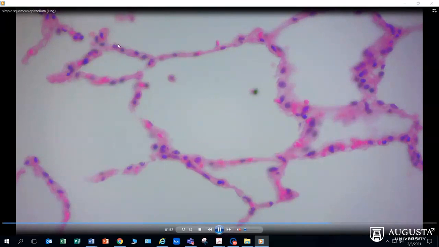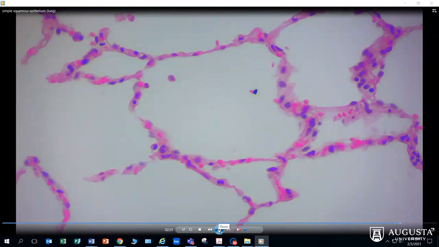And you'll see as it's focusing, you can see the nuclei along here, and this cell is beautiful right here, and we can see single cells forming the edge, the boundary of this alveoli. So this is simple squamous epithelium.